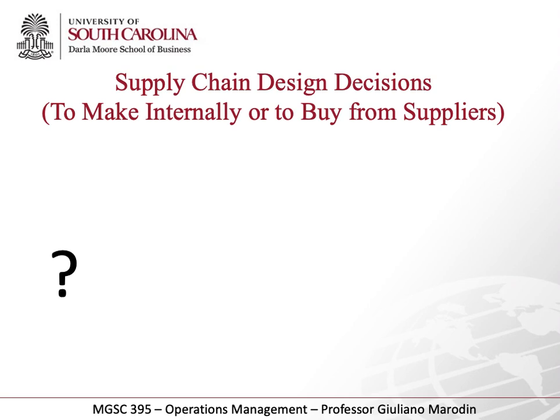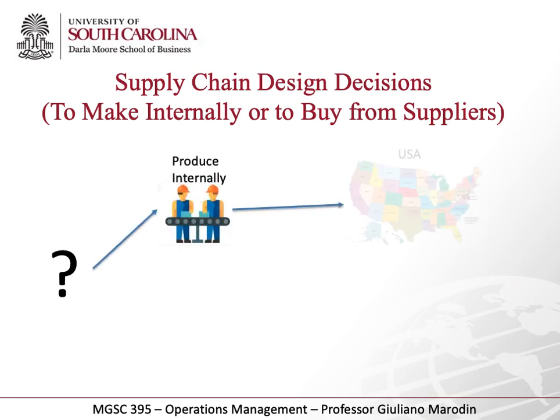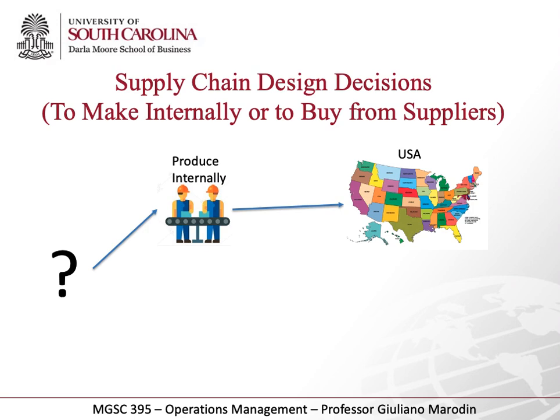So if we think about decisions in supply chain design, for every product component that goes into the product the company sells, the company has a decision to make with two options. You either produce it internally, that's one option. Let's say we're talking about BMW and they want to buy tires.